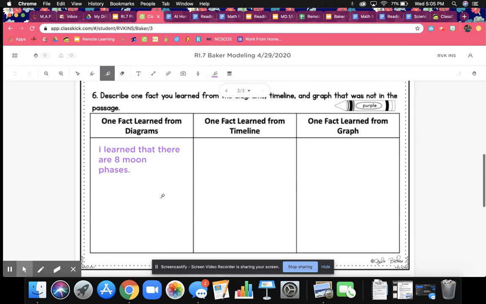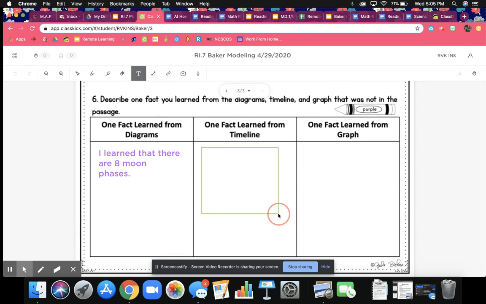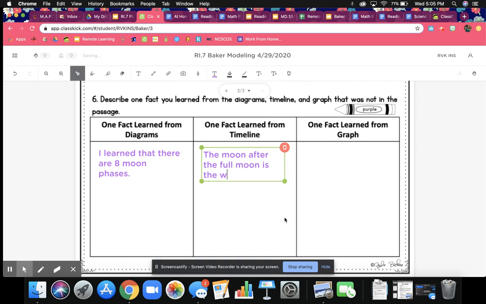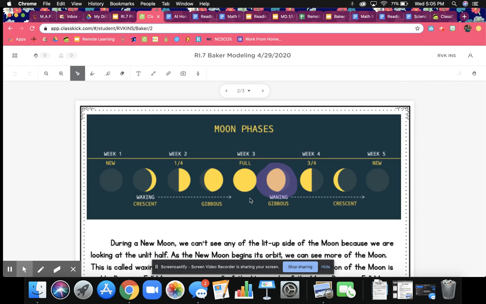The moon after the full moon is the waning gibbous. And I know that because of this timeline, not because of what I read.